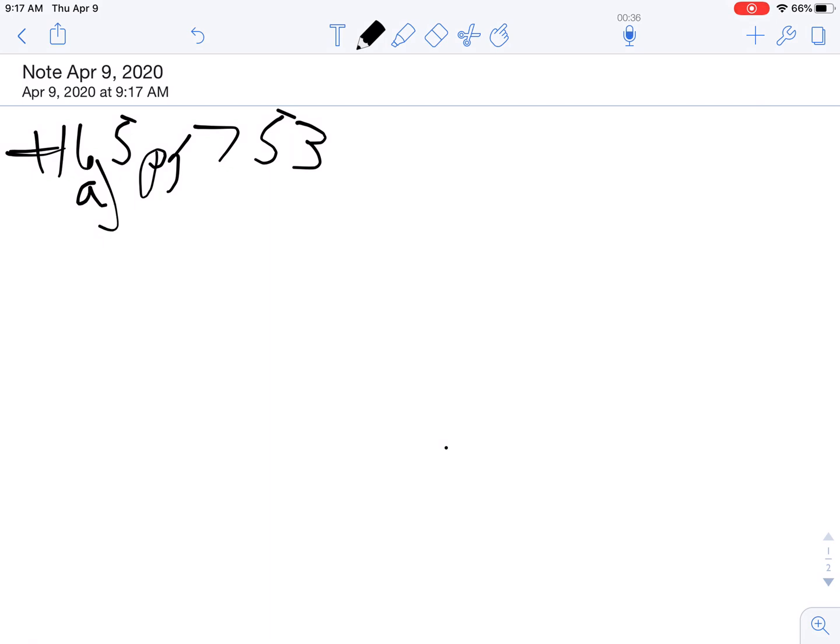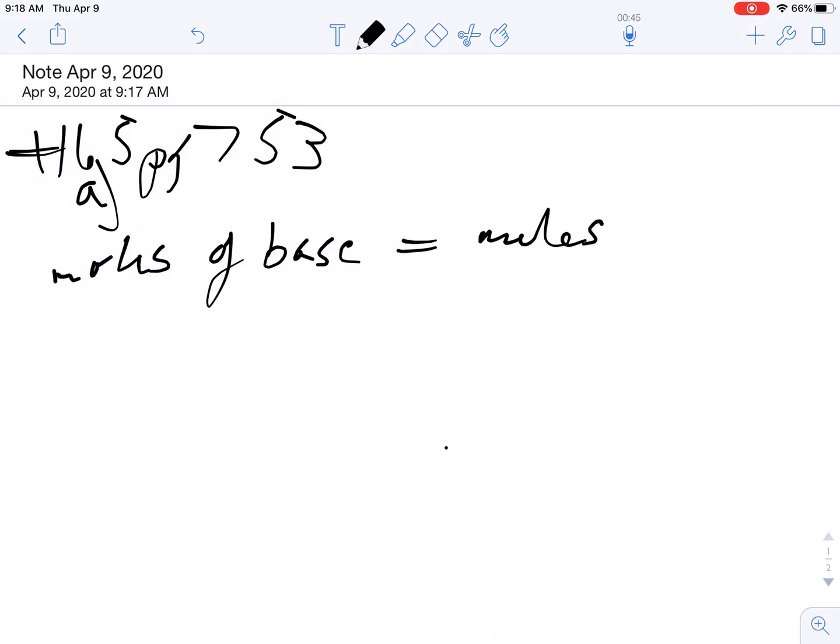First of all, what is the equivalence point? The equivalence point is when the moles of the base equal the moles of the weak acid. That is the equivalence point. So the first thing we have to do is figure out how many moles of my weak acid I have.